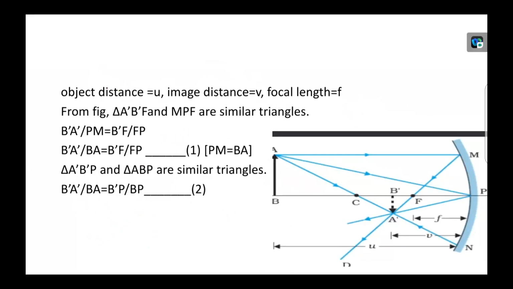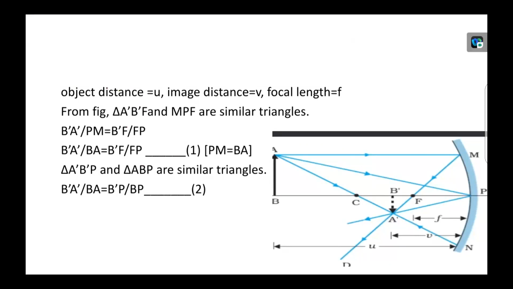Just a quick revision, that also we are going to use here. Suppose the height of the object or height of the image above the principal axis is positive, and the height of the object or image below the principal axis is negative. The first condition: distances should always be measured from the pole of the mirror.